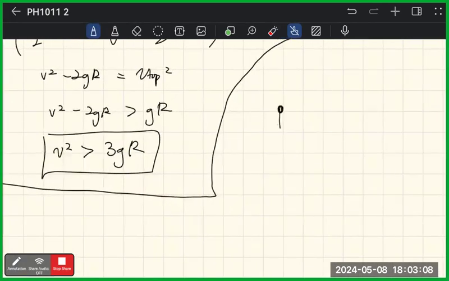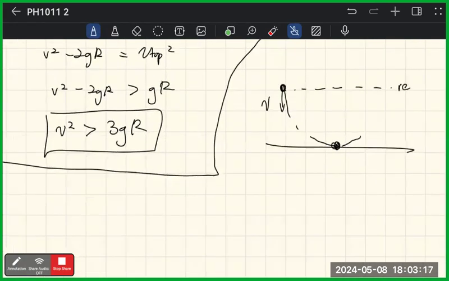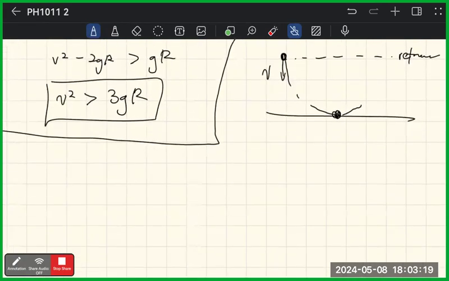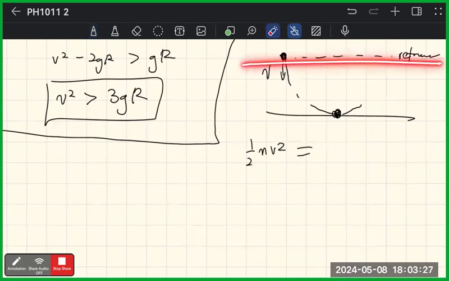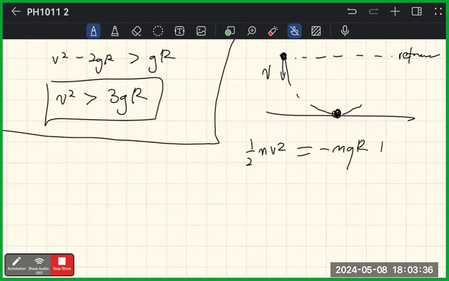So if you have v here, and this is the track, and this is the bottom, I'll continue with this as my reference point. At time 0, it's half of mv squared at this point. At the bottom point, because the height is negative r now, it will be negative mgr added by half of m v bottom squared.